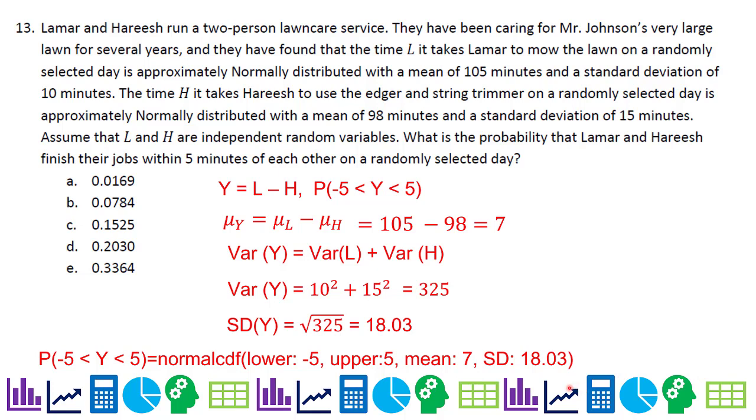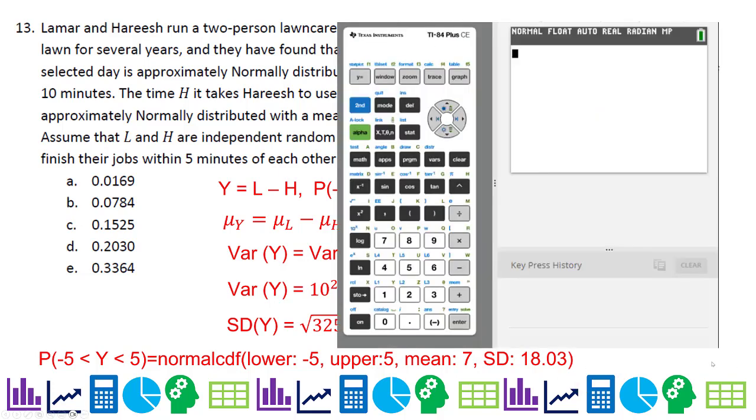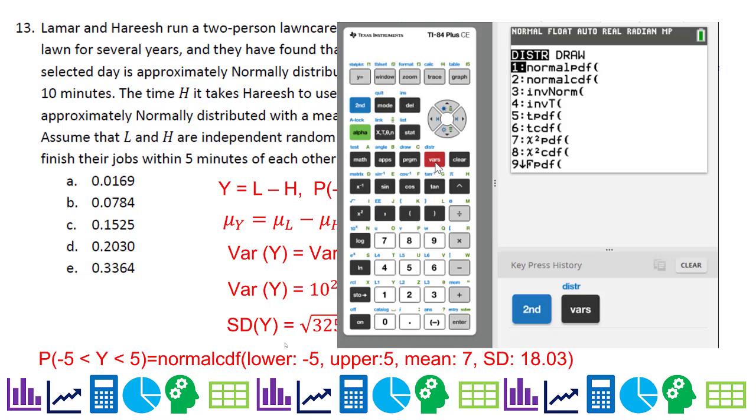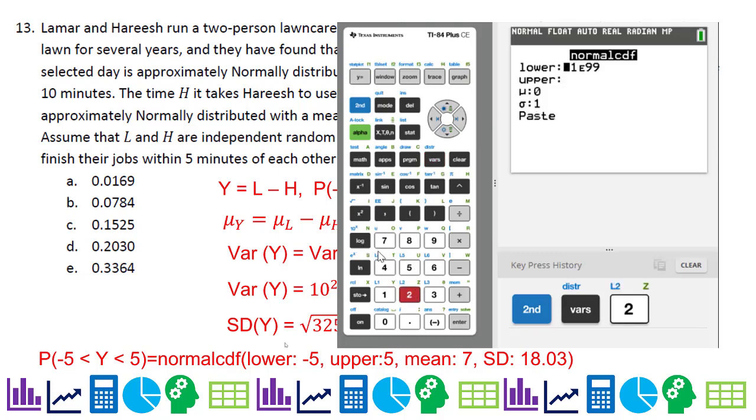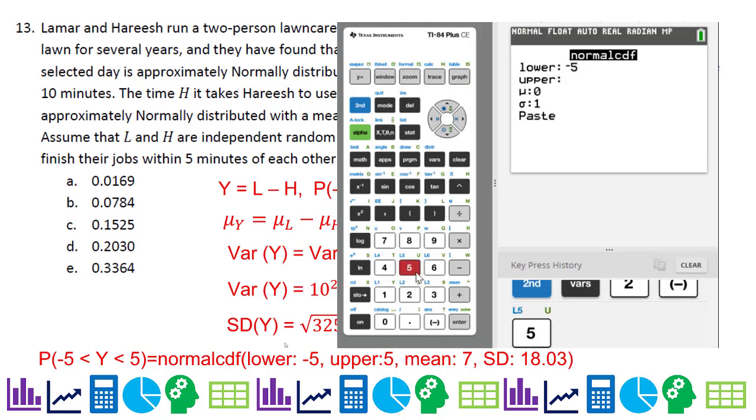And let's go ahead and get some more practice on our calculator. Okay, so we're going to use the calculator to do normal CDF, which you should be a pro at by now. So we're going second distribution. There's normal CDF number 2, and our lower is -5. Make sure you hit the negative, not the minus.